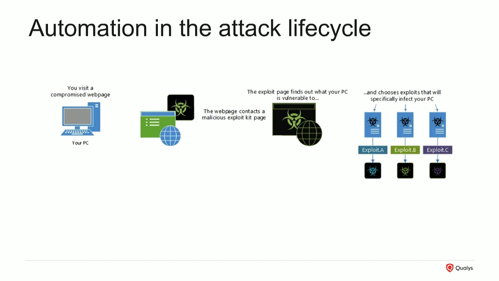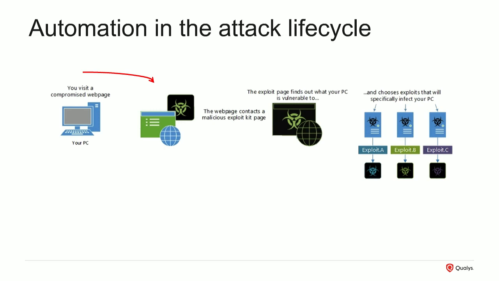And speaking about how smart they got, we've seen a lot of automation that happens in the attack lifecycle. So if we look at one typical transaction that you are doing daily, you're going to your PC and you're going to visit a website, right? So what actually happens is that your web browser makes a request to the web server.